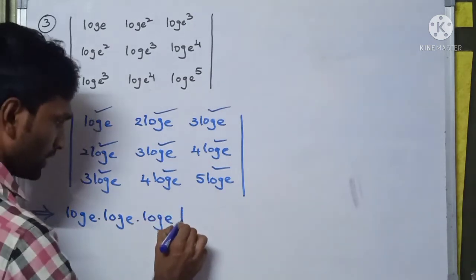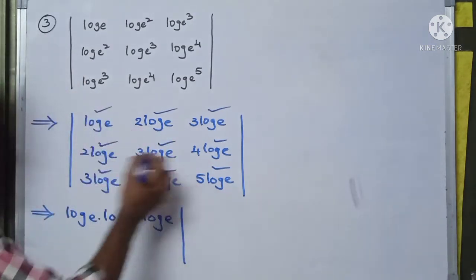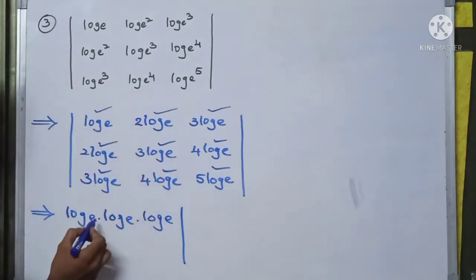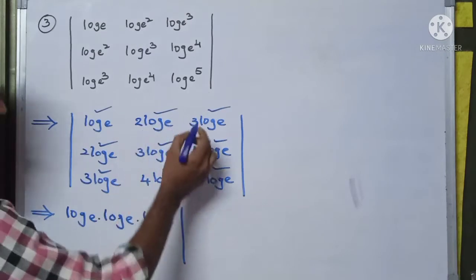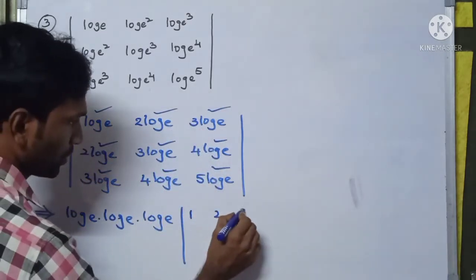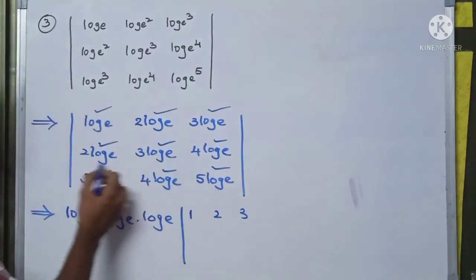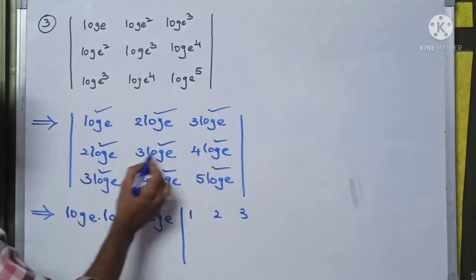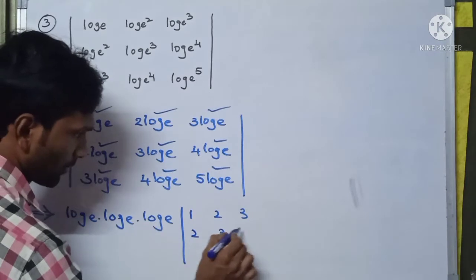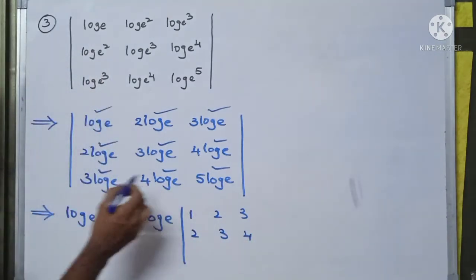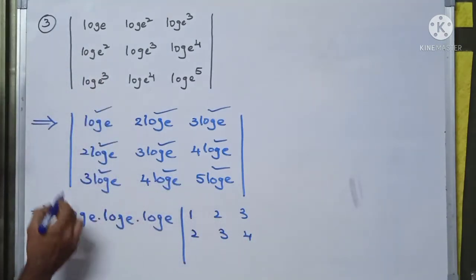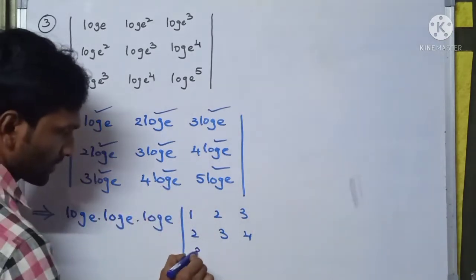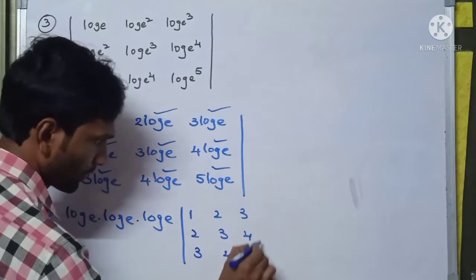Now the elements of this determinant are like this. From the first row, by taking the logarithmic function as common, the elements are 1, 2, 3. From the second row, the elements are 2, 3, 4. From the third row, the elements are 3, 4, 5.